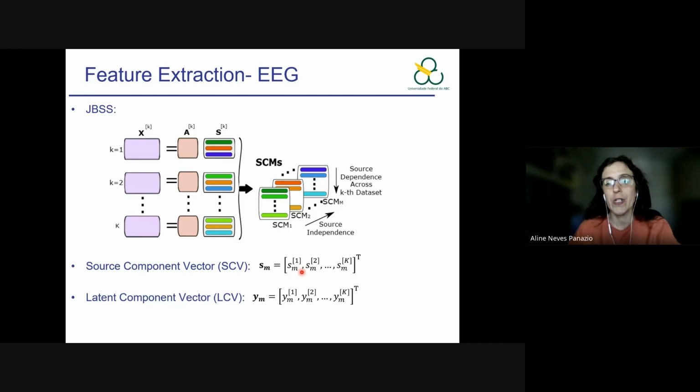So in this vector, we have signals that are correlated with each other. And similarly, we can define a vector using the estimated sources that we call the latent component vector. So using IVA, we want to recover independence within a data set, but we also want to explore the correlation between different data sets to enhance performance.